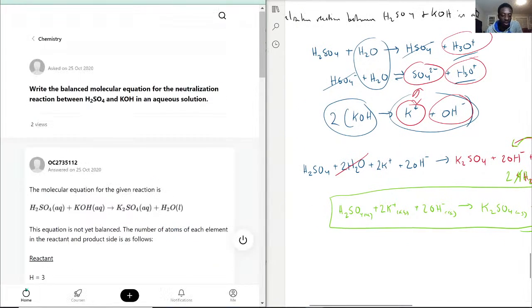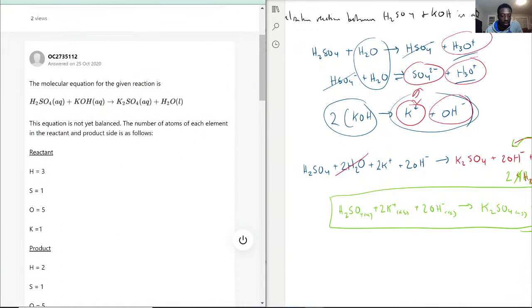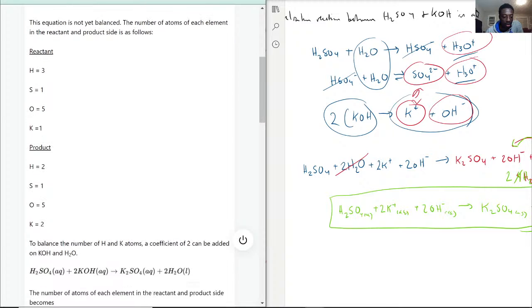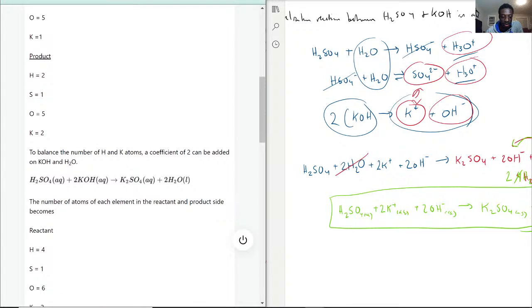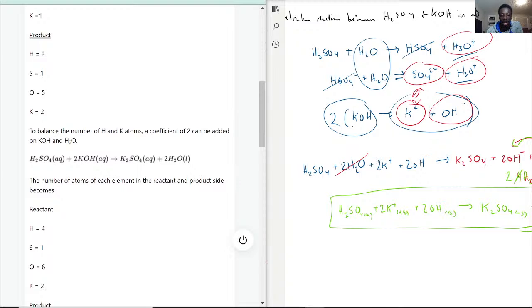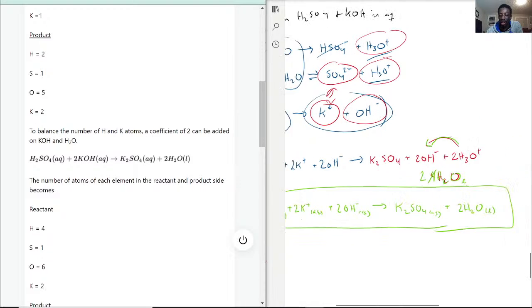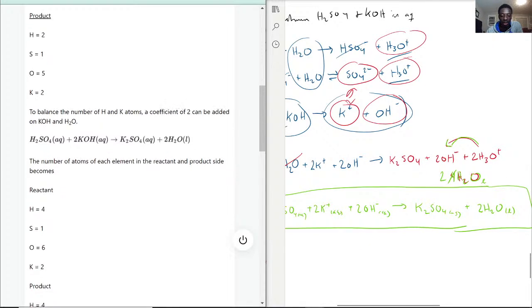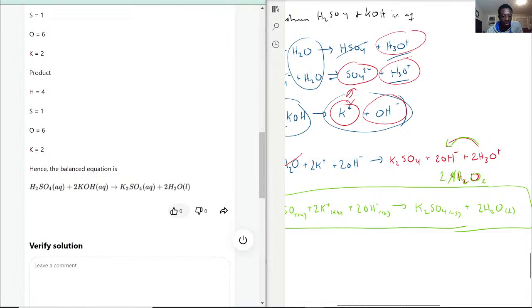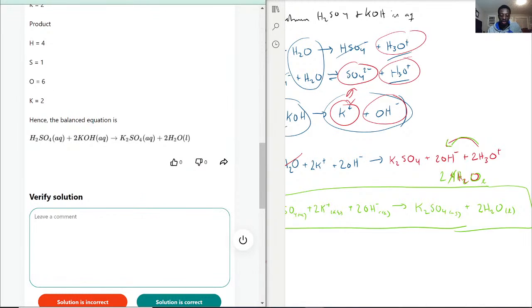And let's see how we did. So this is the first, just writing everything out, and this would be not balanced quite yet. So now after they balanced it, they have 2K and 2OH, and then they got the K2SO4 plus 2H2O liquid. Perfect. So this is going to be the balanced equation, and this is correct.